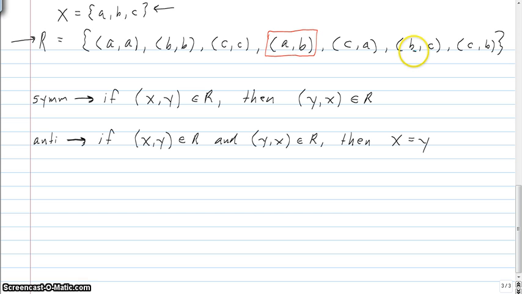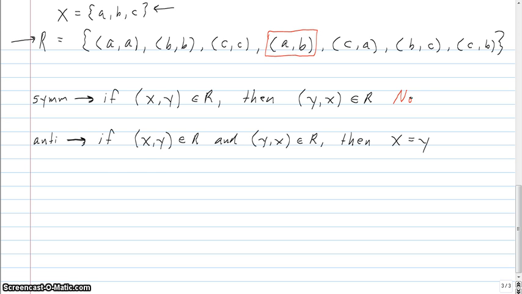There's BC and BB, AA, but I don't find BA. So that's a case that makes the definition of symmetric false. So this relation is not symmetric.